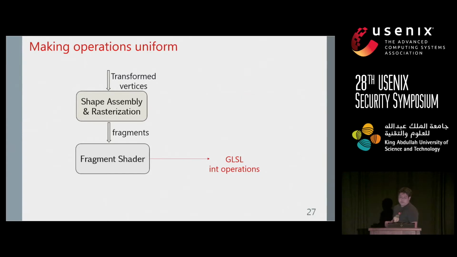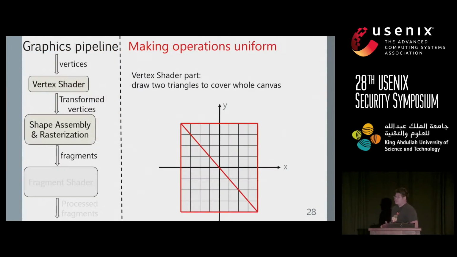Thus, we try to move this work to the fragment shader. In the fragment shader, we use GLSL integer operations to finish this part of the work. First, in the vertex shader, we draw 2 triangles to cover the whole canvas, to make sure that in the fragment shader part we can give every pixel its color.